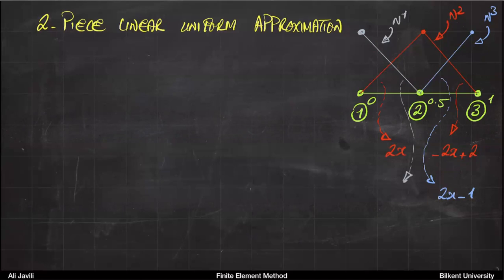So N1 would be minus 2x plus 1, I think. And if you have that, you can see that at 0.5, it is 0. So that's what we want. And at 0, it's 1. So that's also what we want. Okay, so this is basically how you should look at it.